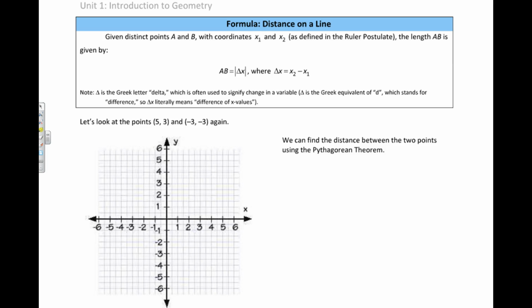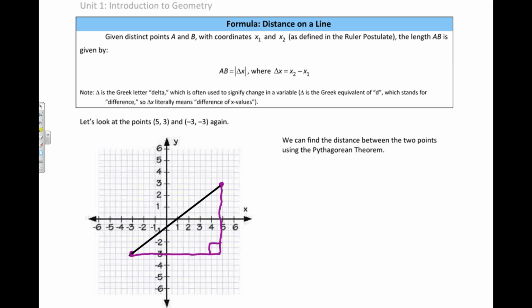But let's take a look at some more points again. Let's look at 5, 3. So point 5, 3, which is right here, and -3, -3. All right. So if we were to connect these 2 points with a nice straight line this time, you can actually make any line you draw between 2 segments into a right triangle by extending straight down and straight to the side until they meet to make this lovely right triangle right here.